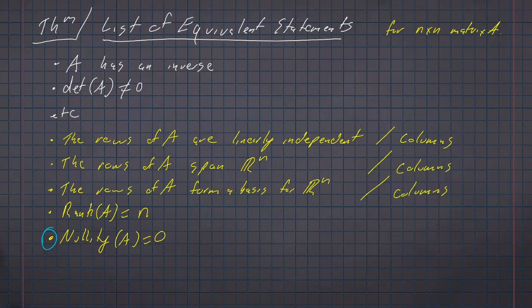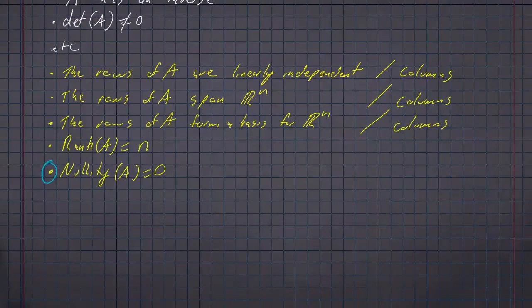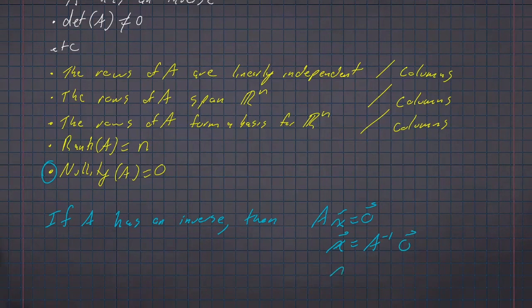Specifically, the nullity of A. If A has an inverse, then the equation Ax equals 0, x equals A inverse times 0, has a unique solution.